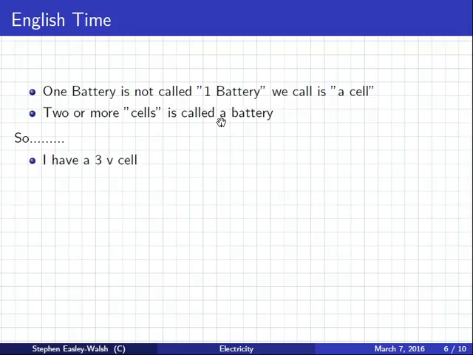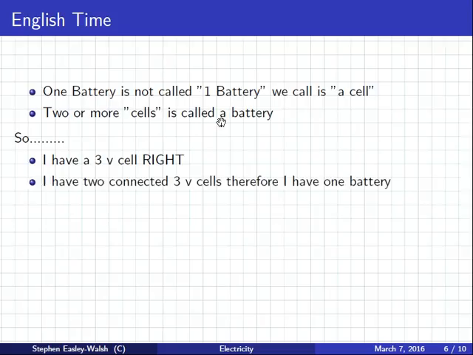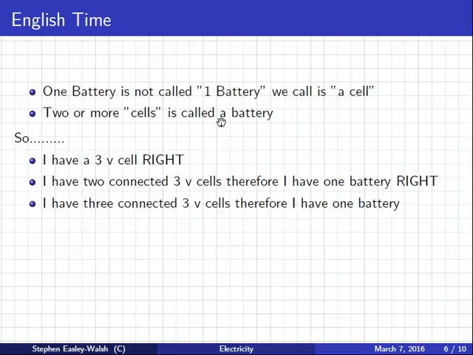So, if I have a 3 volt cell, that means I have one thing that's 3 volts. If I have two 3 volt cells, therefore I have one 6 volt battery. Right. If I have three 3 volt cells, therefore I have one battery.